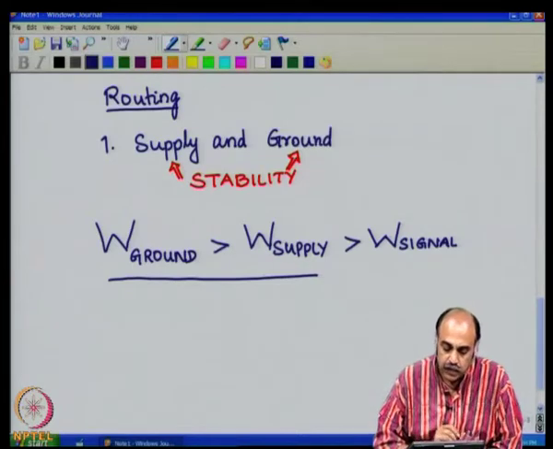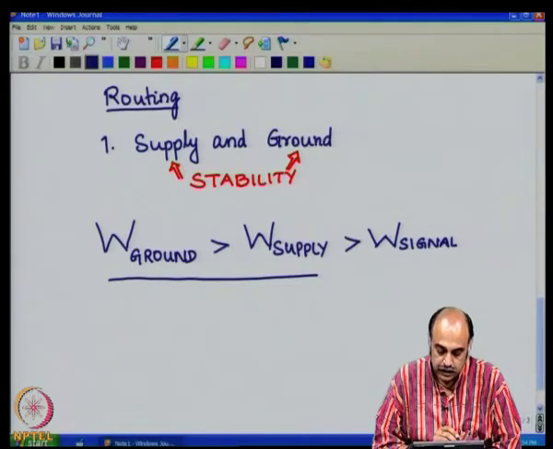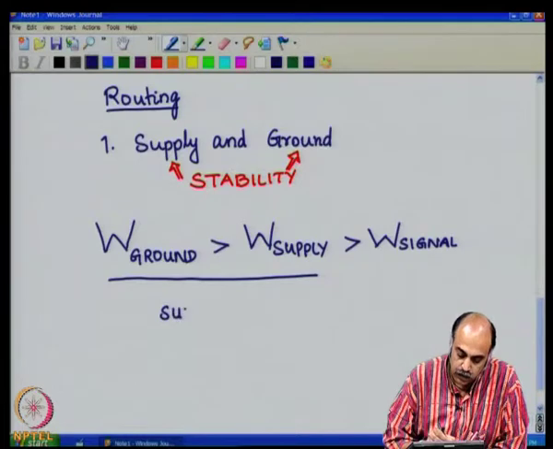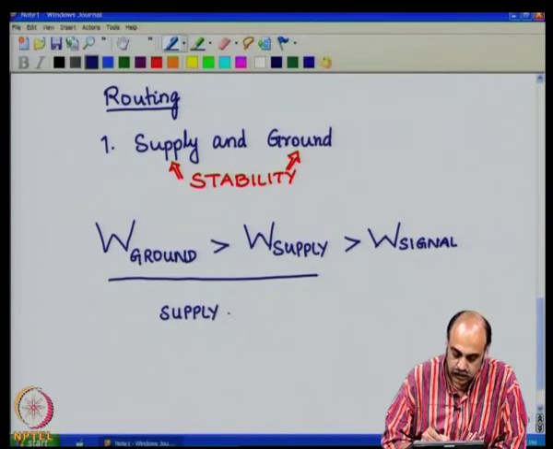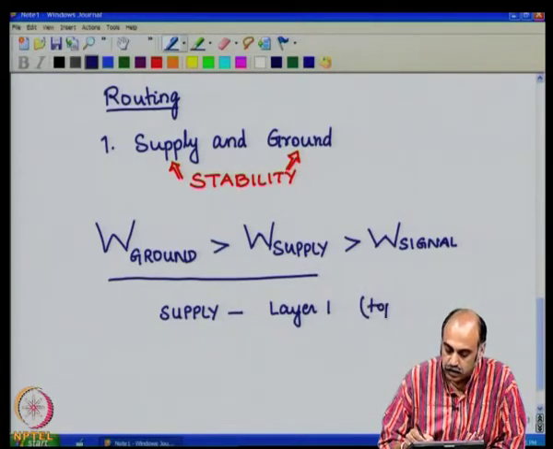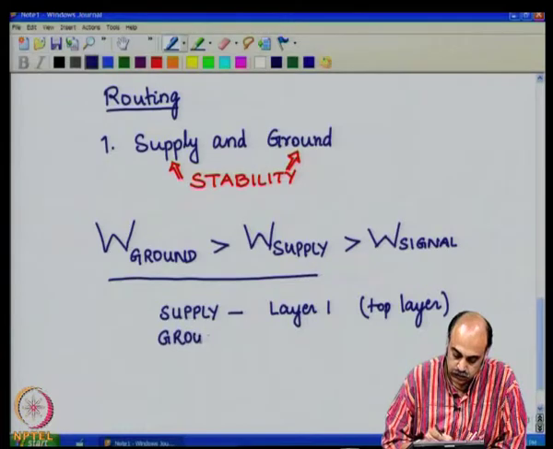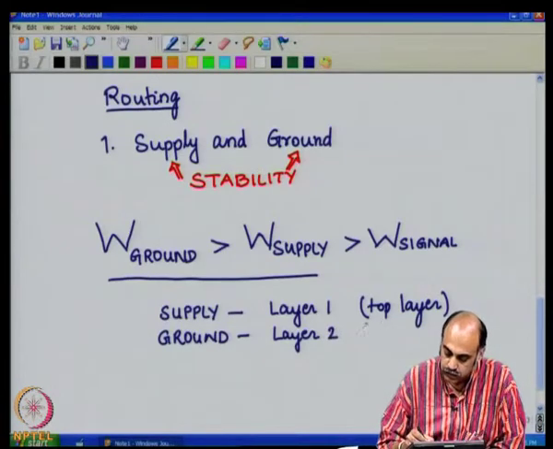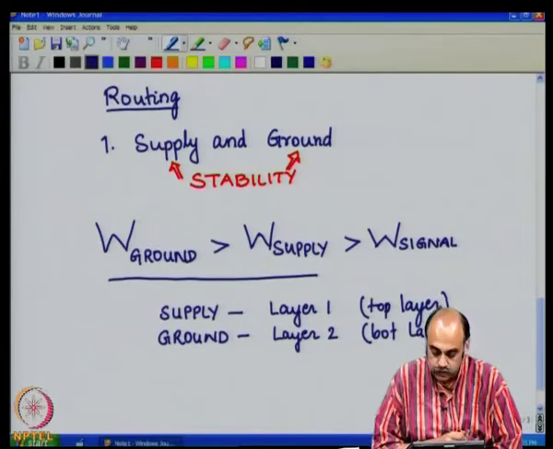There are many ways in which one can have the supply and ground interconnected on the printed wiring boards, but it is recommended that you have supply and ground on two different layers, supply on layer 1 or, say for example, top layer if it is a two-sided board, ground on layer 2 or bottom layer for the two-sided board.